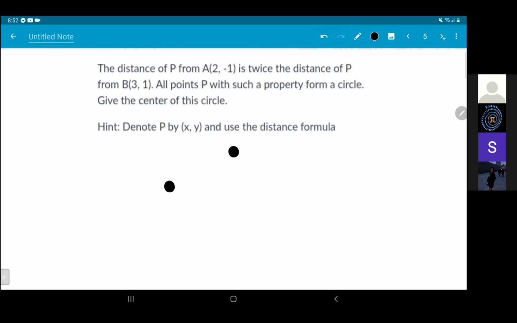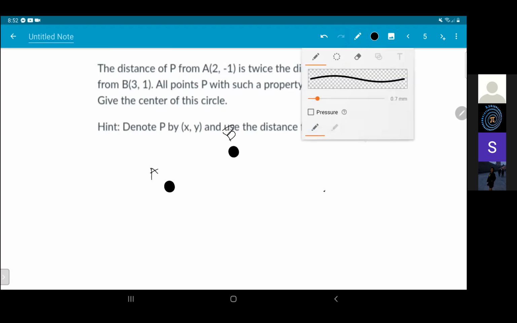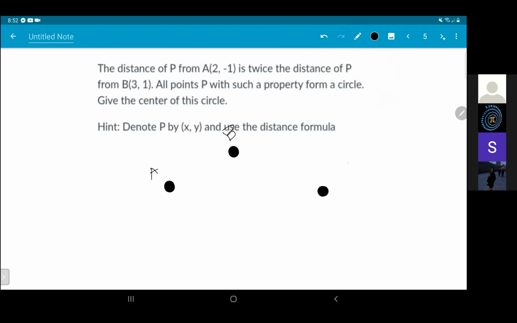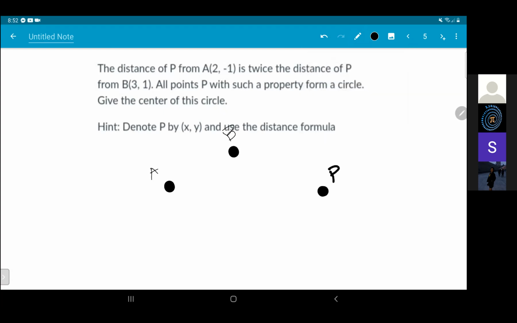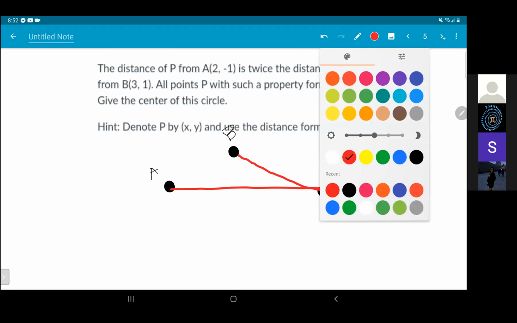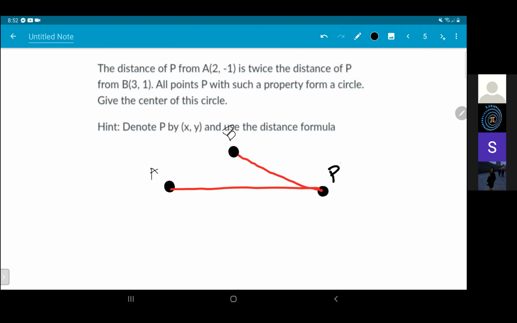The distance of P from A is twice the distance of P from B. So it's farther from A than from B. Then denote the coordinates of P by (x, y), then use the distance formula.